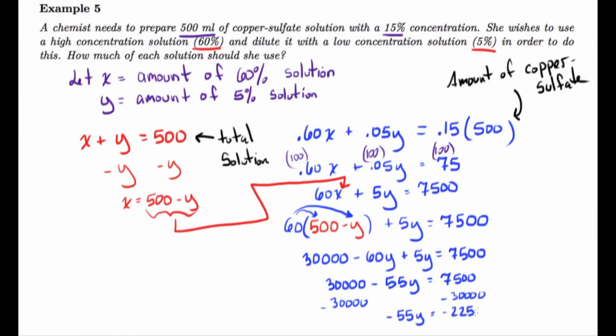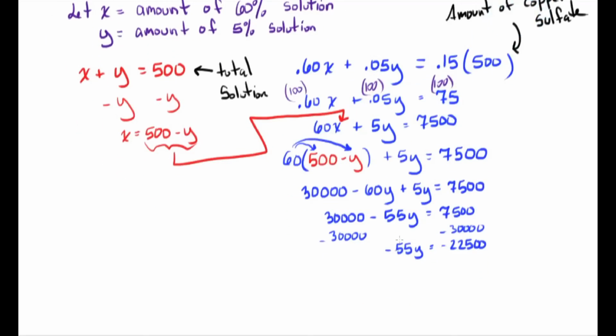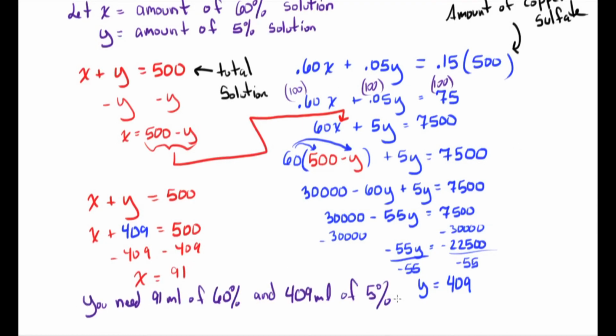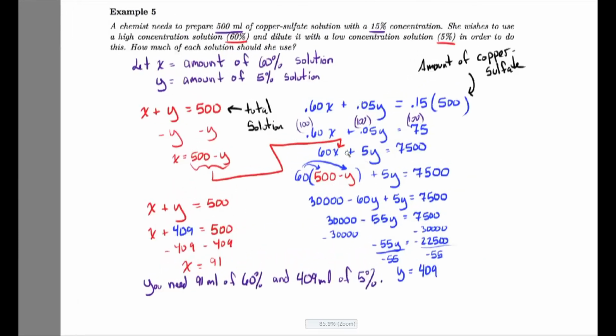And then I substitute that into my second equation and add like terms, solve for Y. I get 409. If I use that in the first equation, which is the easiest, I can easily find X, which is 91. So you'll need 91 milliliters of 60% and 409 milliliters of 5%. And that's it. I hope this makes sense.